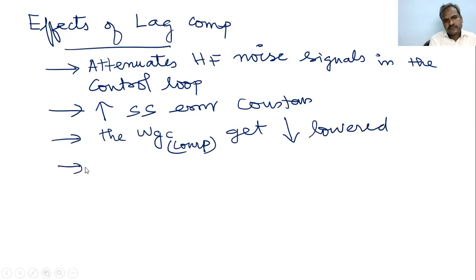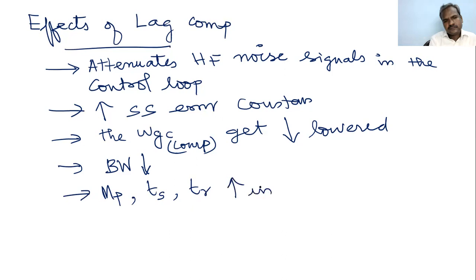Since omega GC is lowered, bandwidth decreases. Since bandwidth decreases, the maximum overshoot, peak overshoot, settling time and rise time all increase.